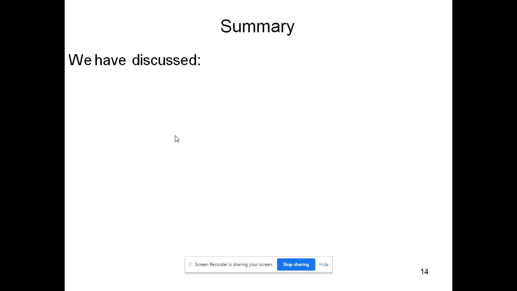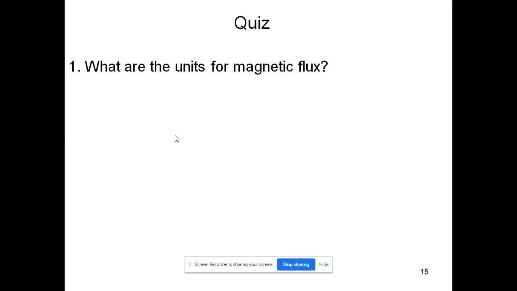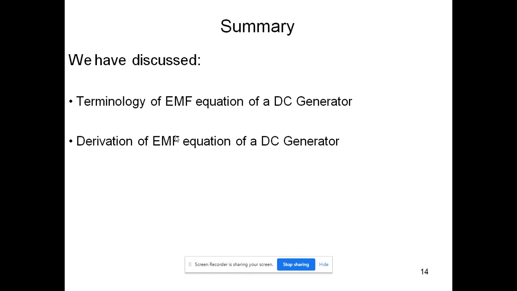In this presentation, we have learned about the terminology of EMF equation of a DC generator and the derivation of the EMF equation of a DC generator, and also we have solved some problems on EMF equation for both lap wound generators and wave wound generators.